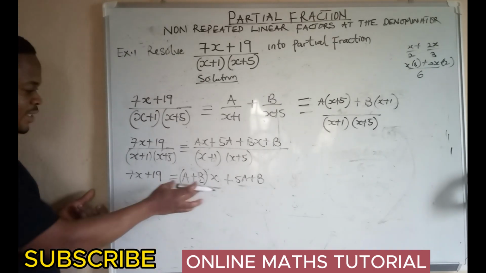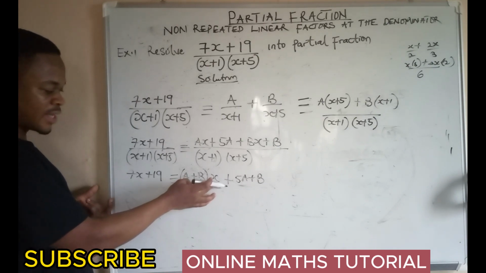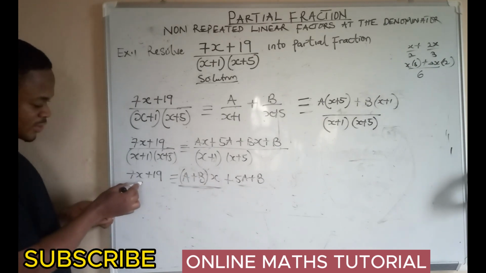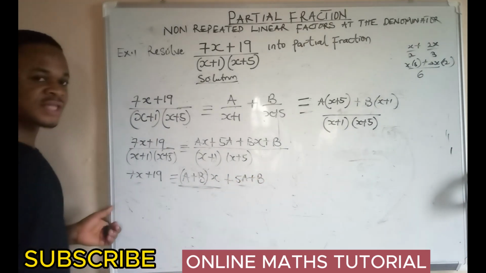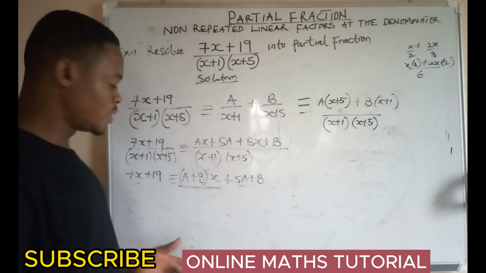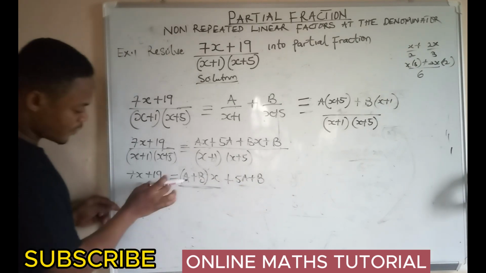The variable x here is equivalent to this, and also this other side, 5a plus b, is only a constant. It doesn't have any variable, meaning that it is also equivalent.